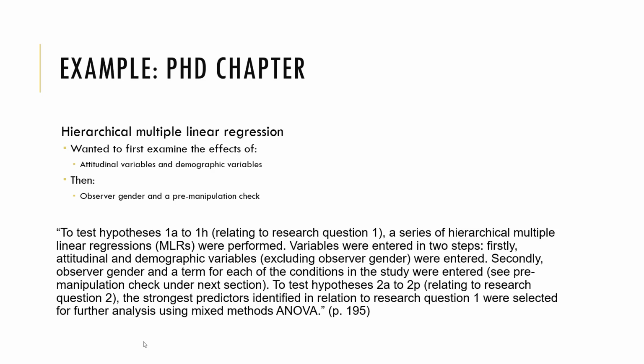For example, some research suggests things like highest educational qualification attained is a good predictor. So I wanted to control for those, and then I wanted to look at the impact of observer gender on gendered rape myth acceptance. But I also wanted to include a pre-manipulation check.